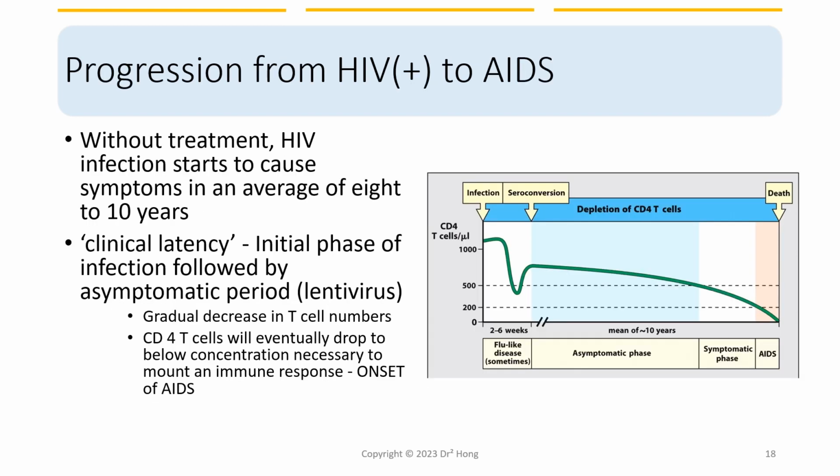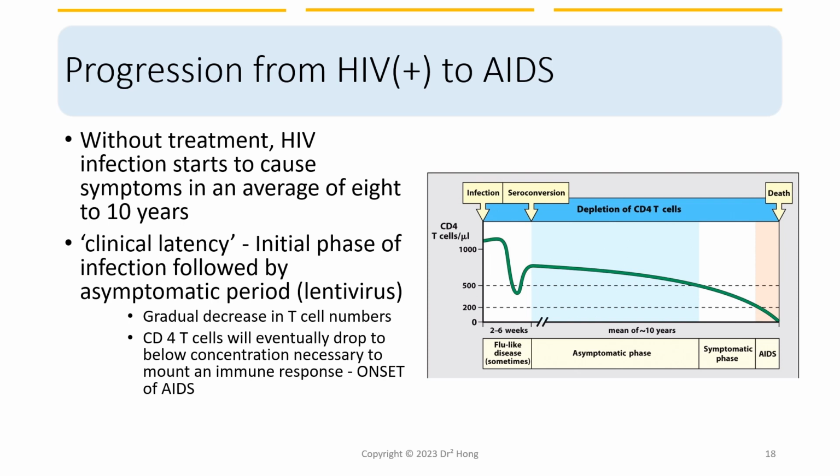HIV infection can cause symptoms in around 8 to 10 years if left untreated. The virus goes through an initial phase of infection followed by an asymptomatic period known as clinical latency. During this time, there is a gradual decrease in T cell numbers, particularly CD4 T cells.